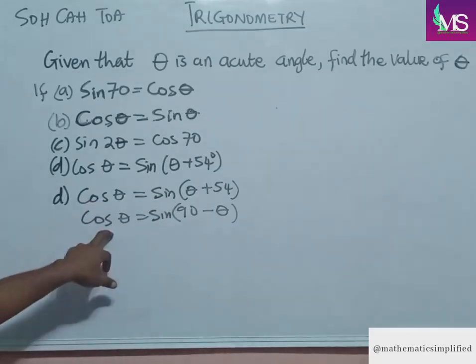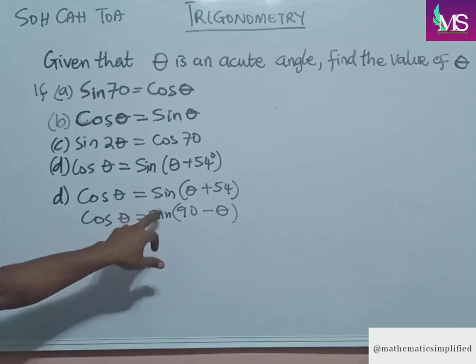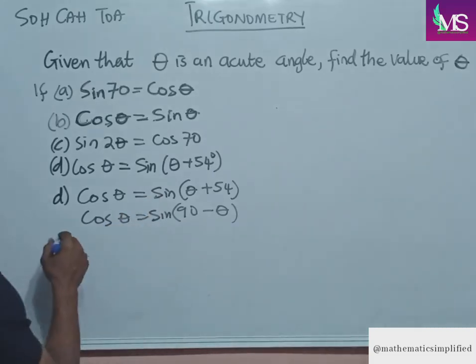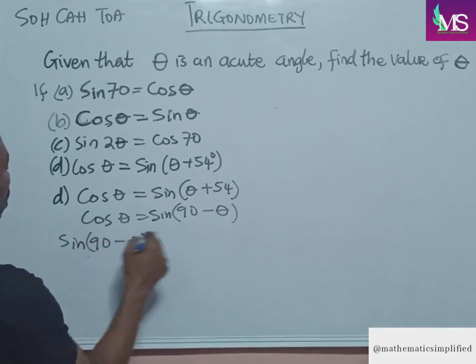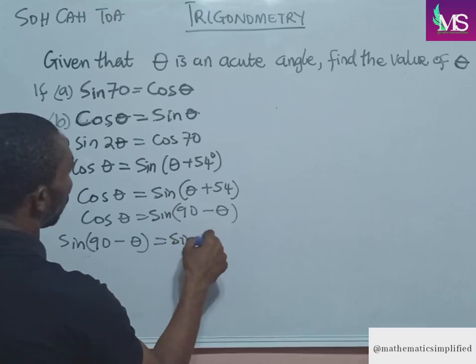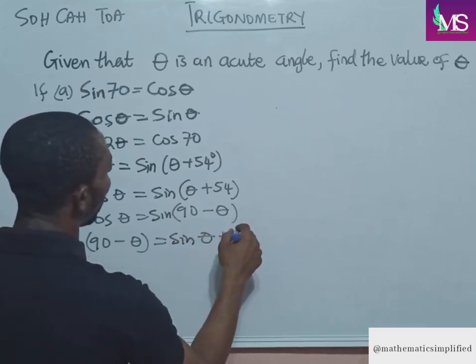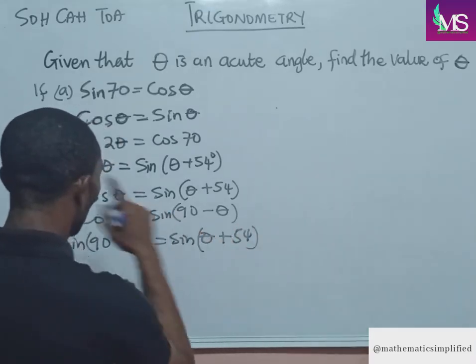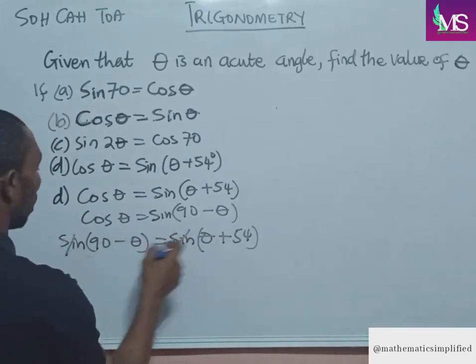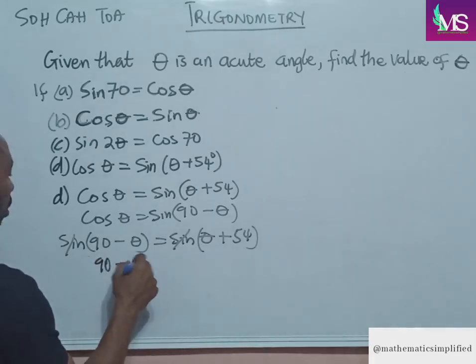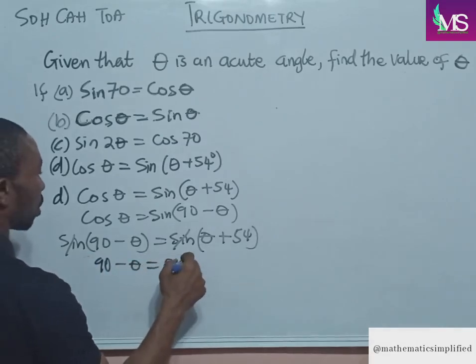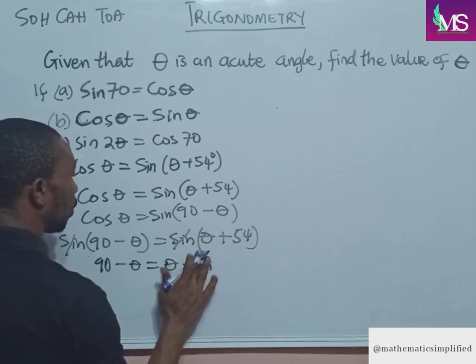Since cos theta equals this, we can now say sine 90 minus theta equals sine theta plus 54. So the sines cancel, leaving us with 90 minus theta equals theta plus 54.